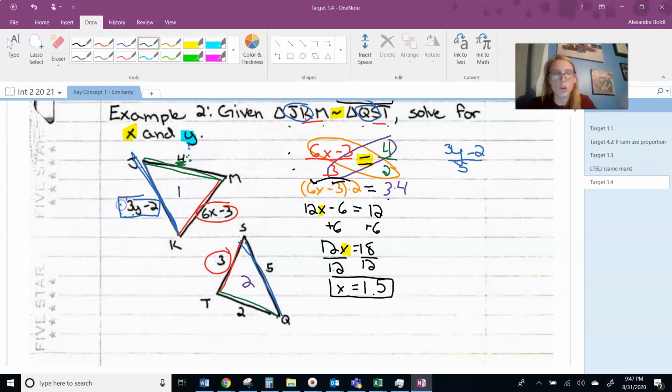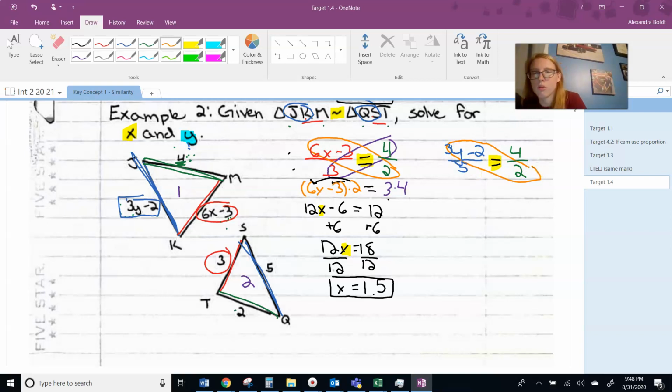So again, I could choose the 6x minus 3 or the 4. I'm going to choose the easiest one. I'm going to choose the 4. And as we already saw, 4 goes with that too. Okay. And again, because they're similar, those are equal. Then we just pretty much do the same thing.